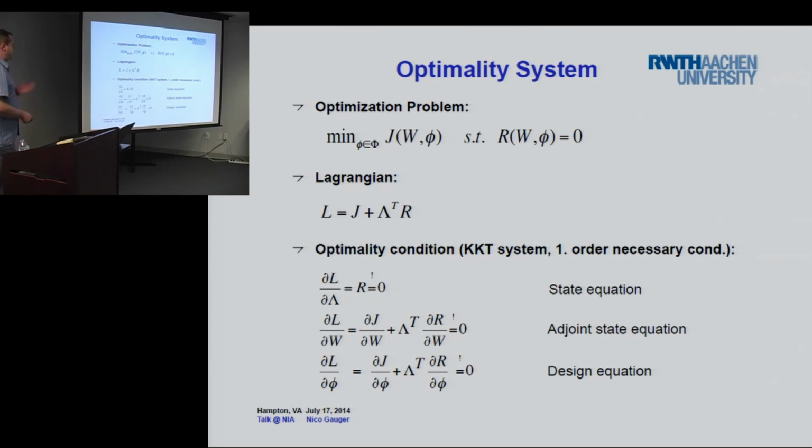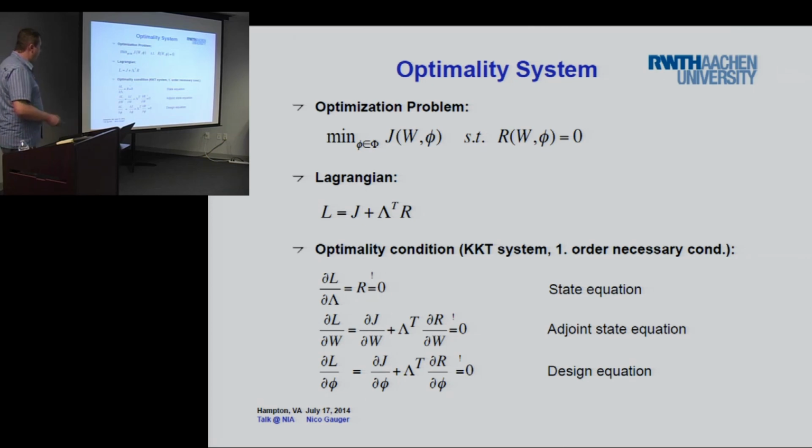And then it depends if you first derive the optimality conditions and then do the discretization. And when you differentiate the Lagrangian with respect to the state variable, then you get this adjoint equation. So if you derive the optimality condition first and then use the discretization, this is the so-called continuous adjoint.